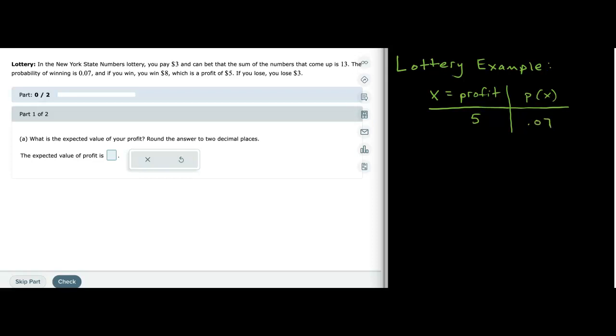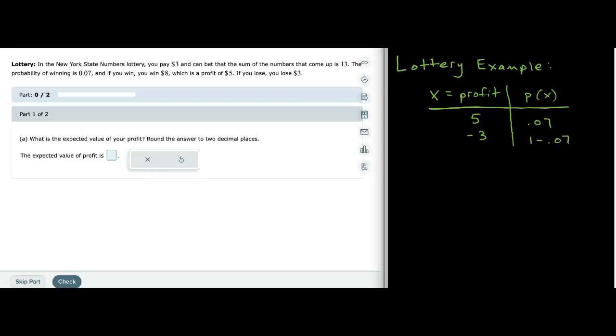And then the only other possibility is that you don't win. And so if you lose, then you're going to lose your original $3 bet. And the probability that's associated with that is going to be the complement to this 7%. Because if there's a 7% chance that you win, then there's going to be a 1 minus 0.07 chance that you lose.